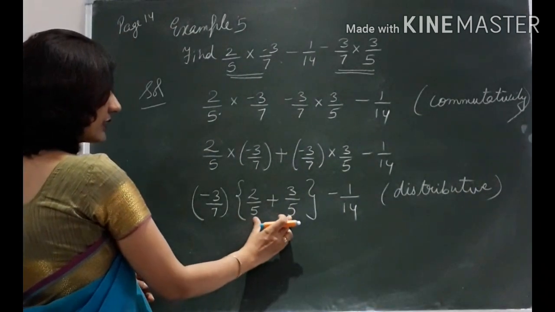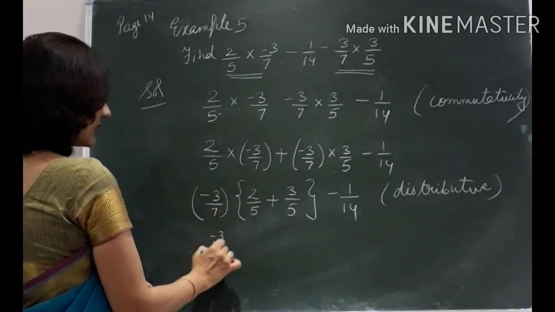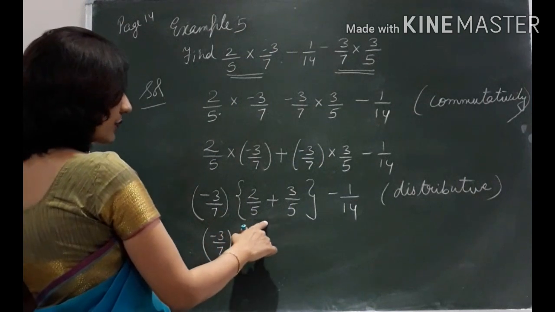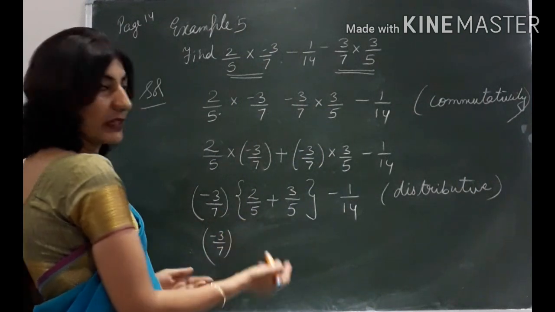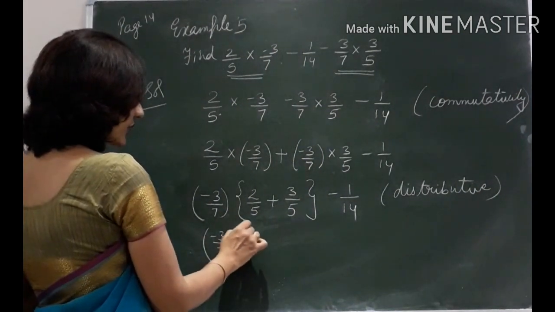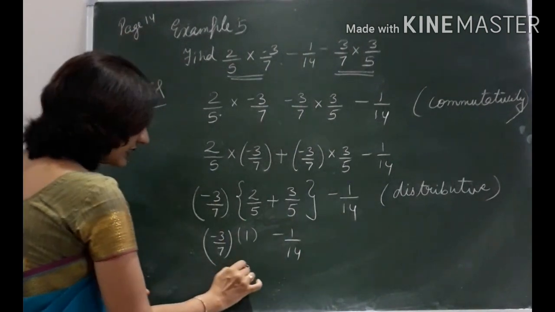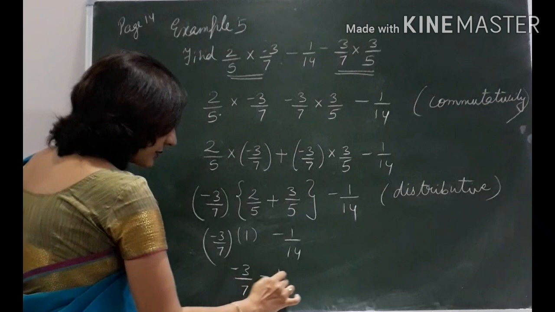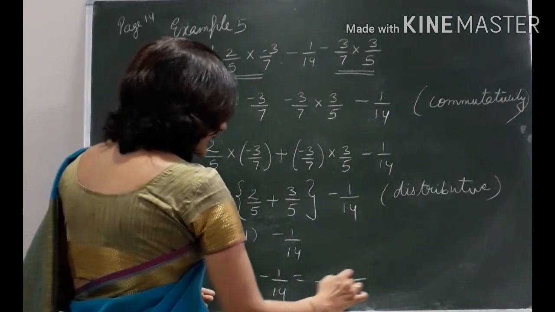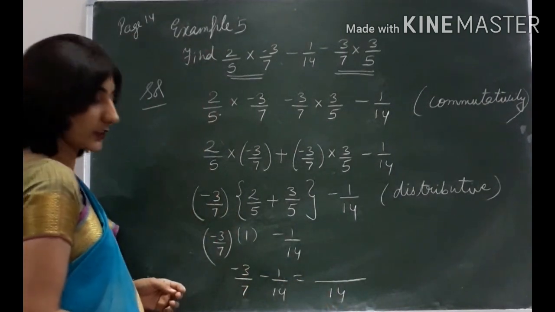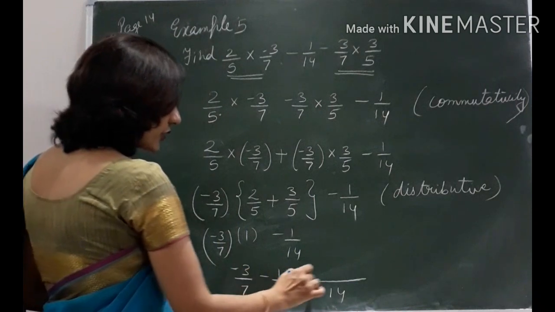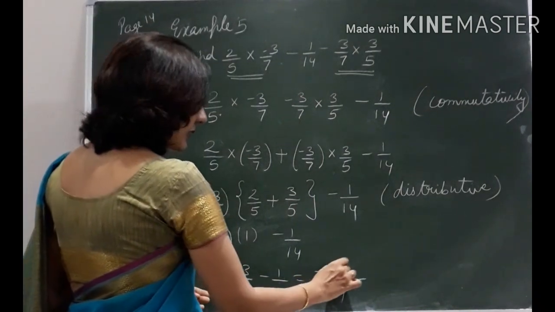Now I will solve this bracket. Minus 3 by 7 into, what will come? 5 by 5. 5 by 5 means 1. So into 1 minus 1 by 14. So minus 3 by 7 minus 1 by 14. Now I will take the LCM of 7 and 14. It is 14. So into 2 minus 6, and here minus 1.